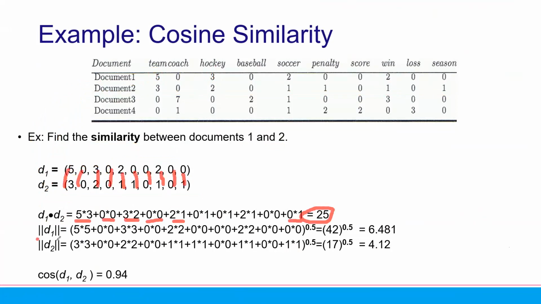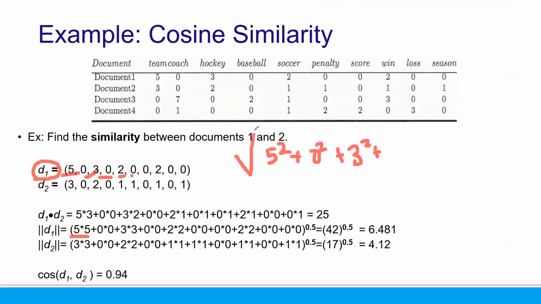What is the length? The length means I would like to do something similar to the Euclidean distance, but I just want to see based on this document only. So here we have 5 multiplied by 5. So it means 5 power of 2, 0 power of 2, and then 3 power of 2, and so on.